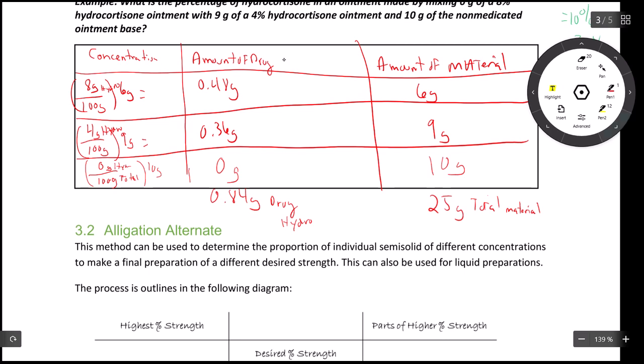What's our final concentration? Total amount of drug, 0.84 grams. Total amount of material, 25 grams. All right, times the 100 grams total.